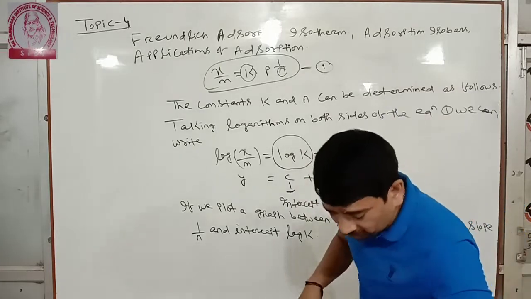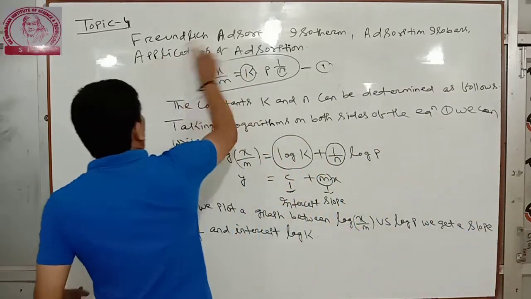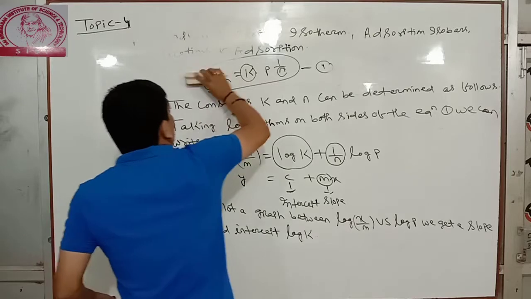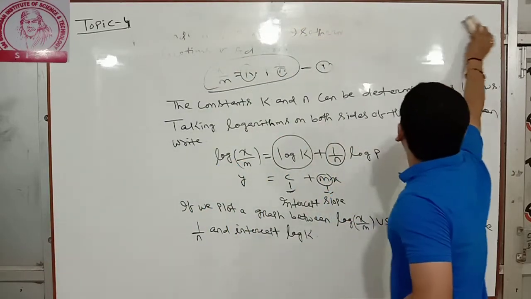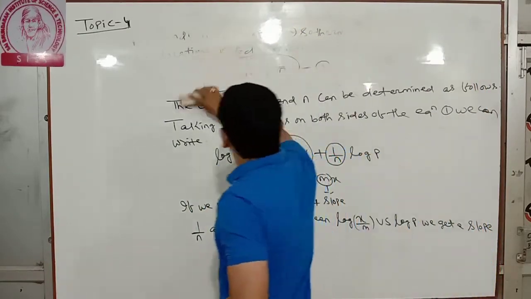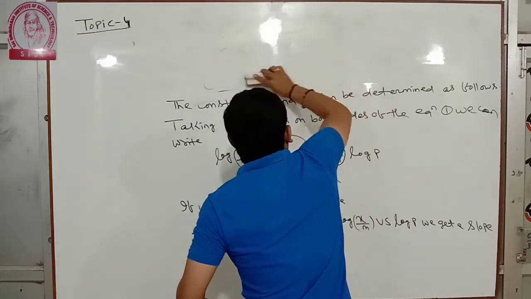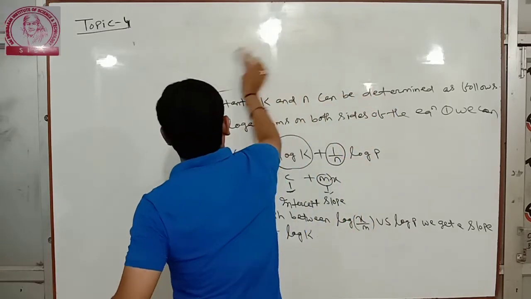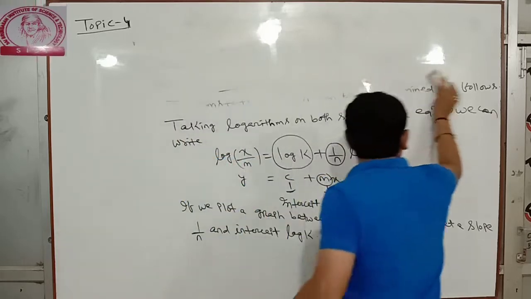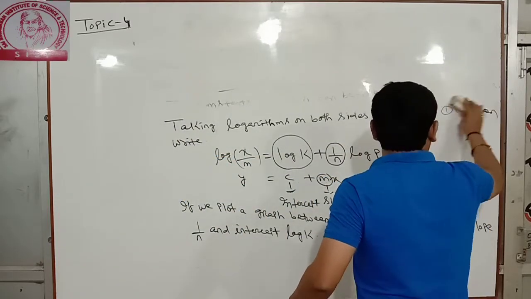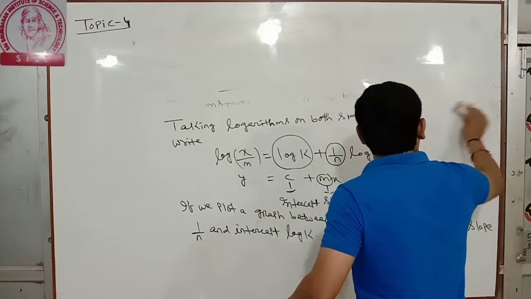So I am drawing this graph between log x by m and log p. We will put this short question: for the Freundlich adsorption isotherm, if we plot a graph, what will be the slope value or slope of the line?